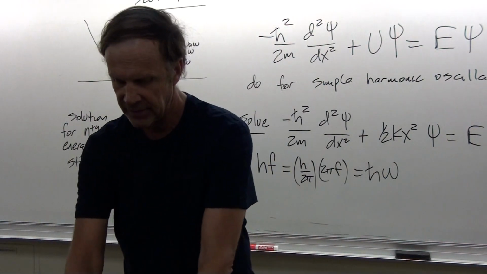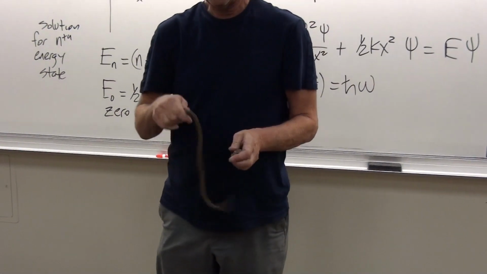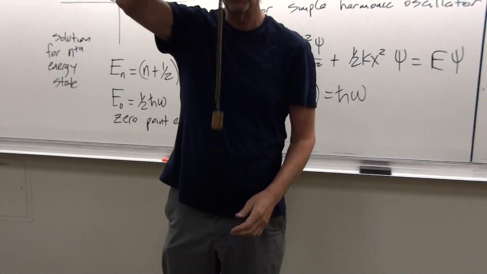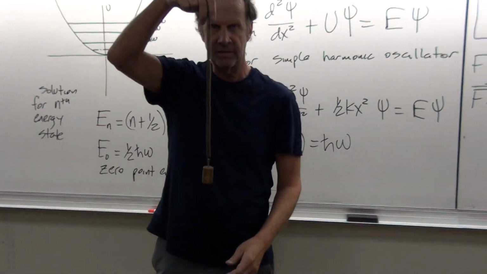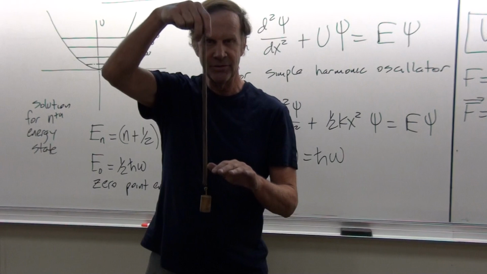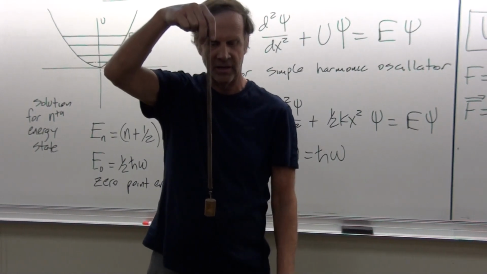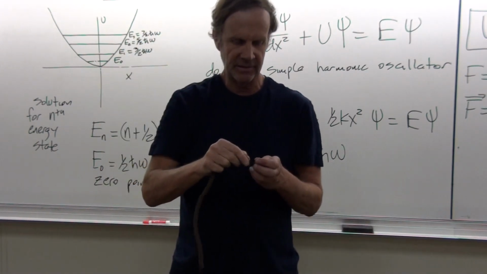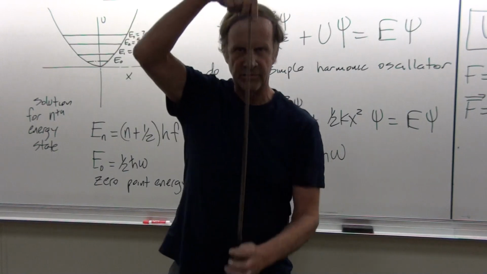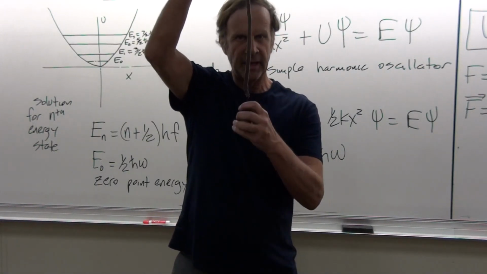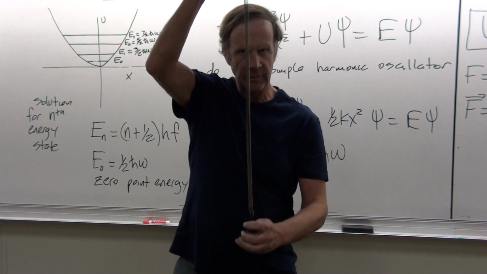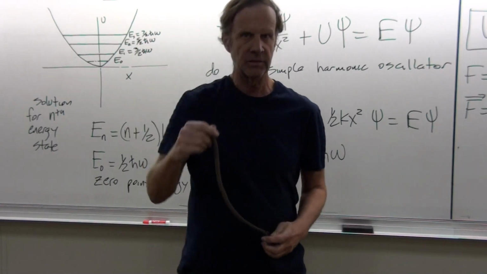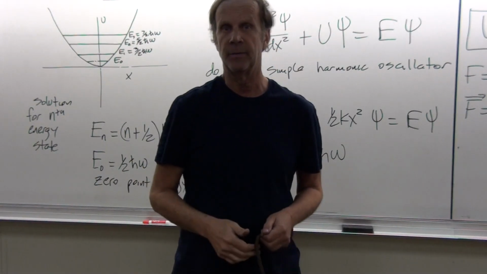So as we would think from a classical point of view, as this system vibrates back and forth smoothly, and then energy starts leaving the system, it would smoothly make a transition to zero. That's what we would think. But instead, what's happening is that this thing is going to vibrate at a certain amplitude, and then suddenly, at the same frequency, it'll go to a lower amplitude, and then suddenly to a lower amplitude, and then suddenly to a still lower amplitude, but not occupy any of the amplitudes in between.